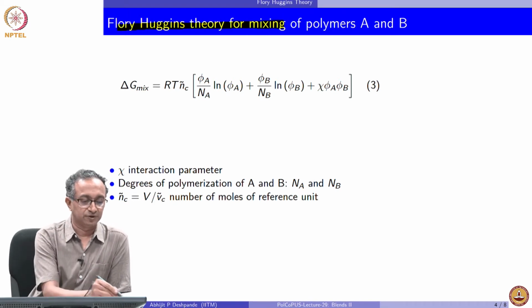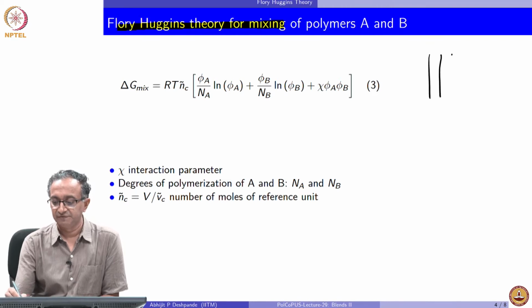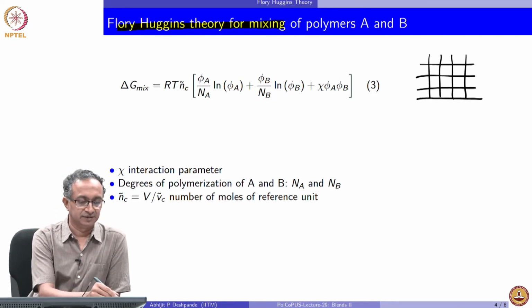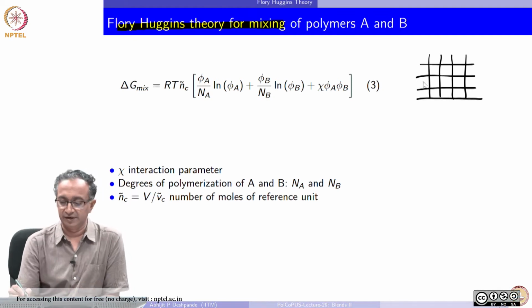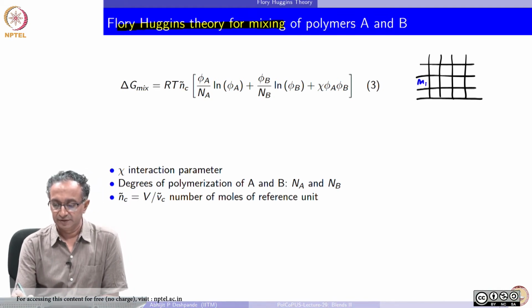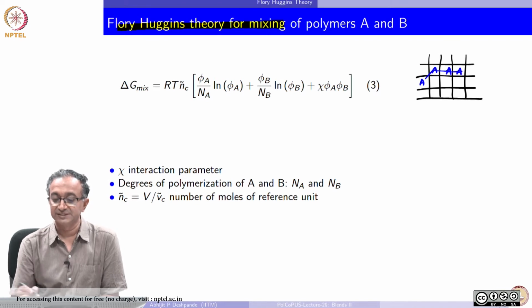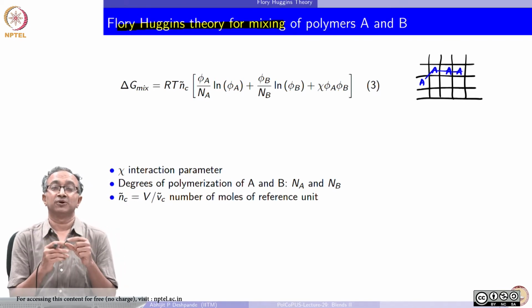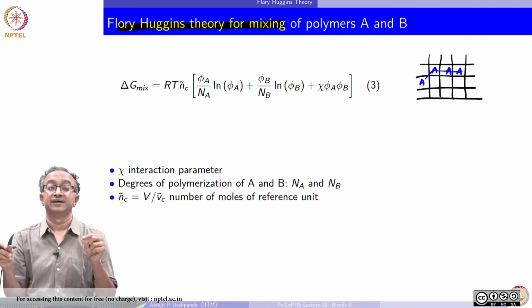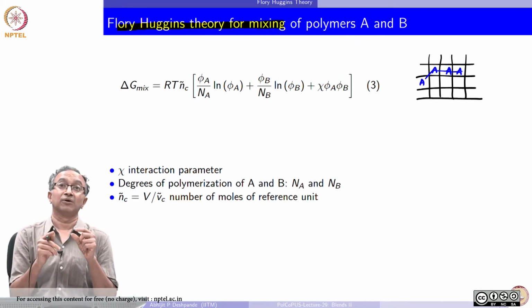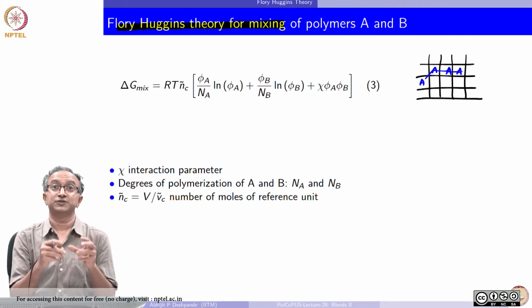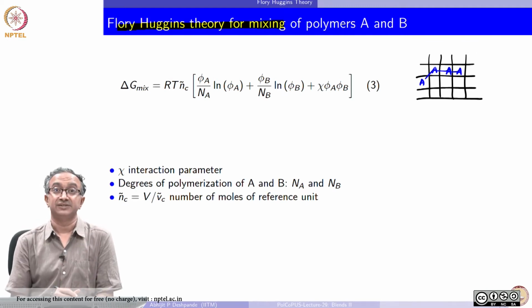Similar to what I talked about in terms of a lattice. So if we have a lattice where there are many slots and there is a molecule A, so there is A, and then there is a covalent bond and A, and then covalent bond and A. So what you can see is, in this case, because of the covalent bond of A and A, there is a chain of A. The neighborhood cannot all be B. One of the neighbors has to be A, because the A chain is continuing.